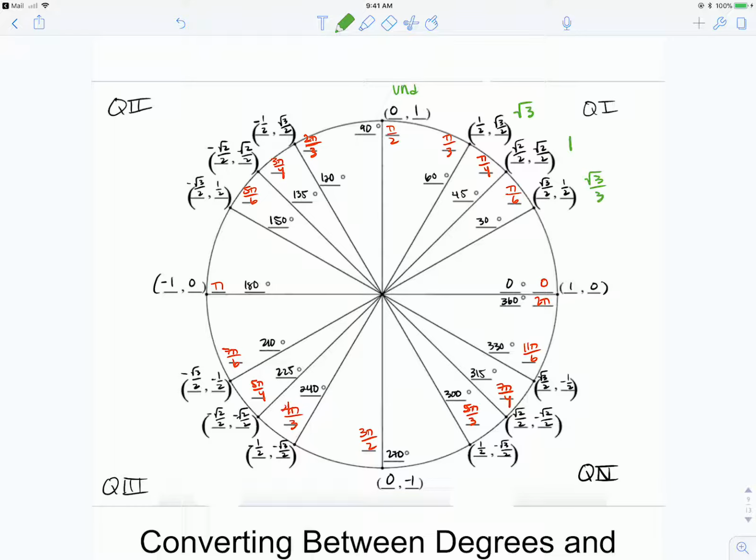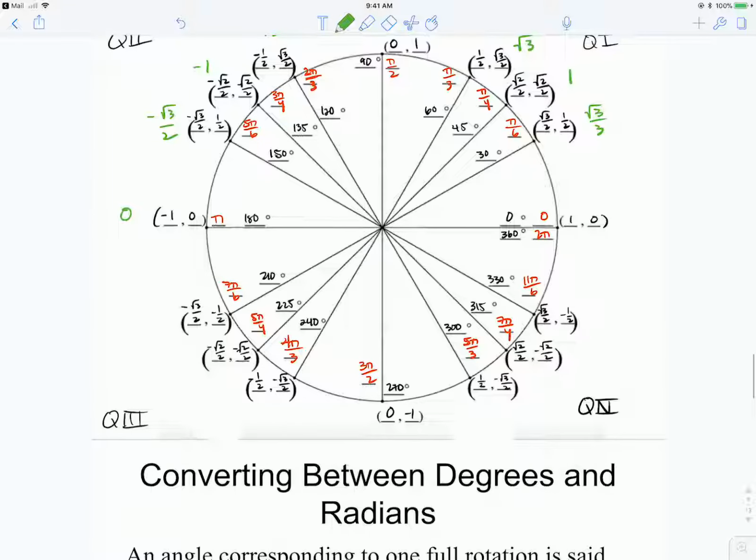Okay, and now we can use symmetry. So this will be negative root 3, -1, negative root 3 over 3. 0 over -1 is 0.